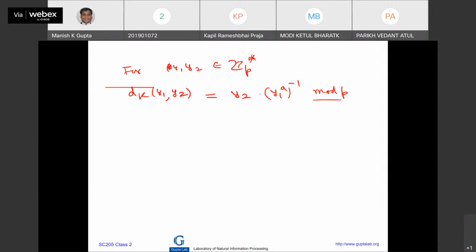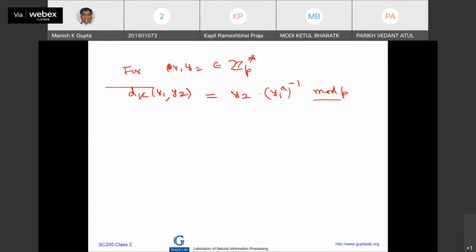I leave it as an exercise for you to check that the encryption and decryption functions are really inverses of each other. I will give you an example anyway. Once you know the cipher text is y1, y2, to decrypt the message you take y2 times y1 raised to the power a inverse mod p, where a was the secret. That is your decryption method.